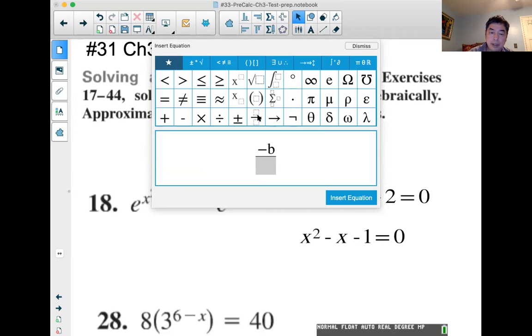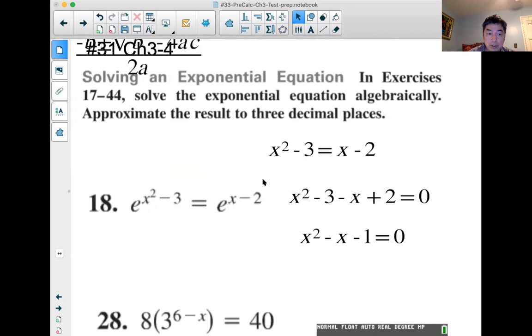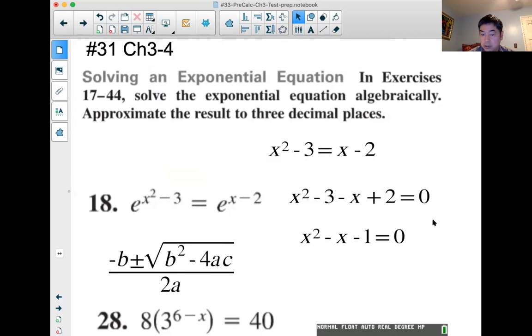Negative b plus minus square root of b squared minus 4ac, over 2a. You have to use this formula to solve for x, right?